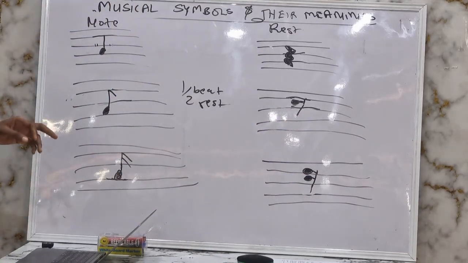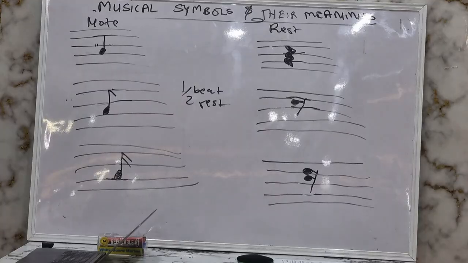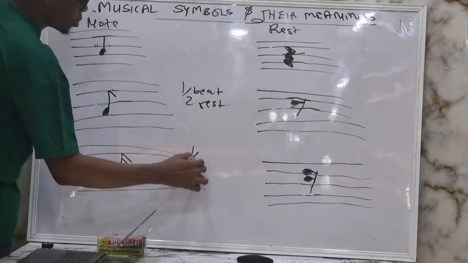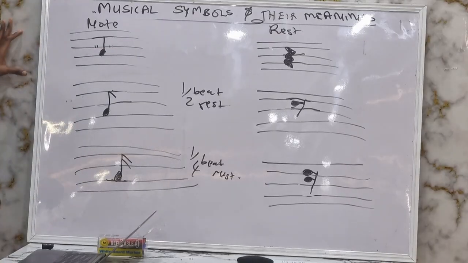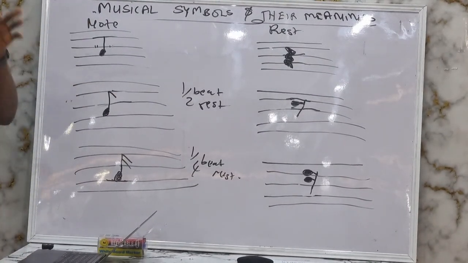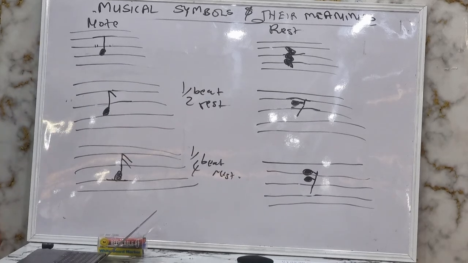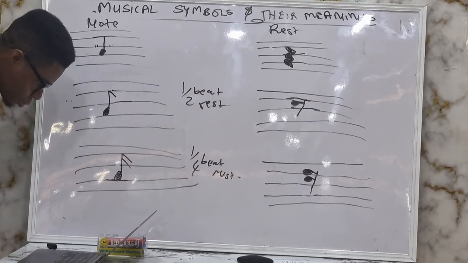So whenever you see this in any piece, it's telling you that you have a quarter beat rest in that piece. That's what it means. We also have the demi-semi-quaver, but we don't come across those, so we leave those.